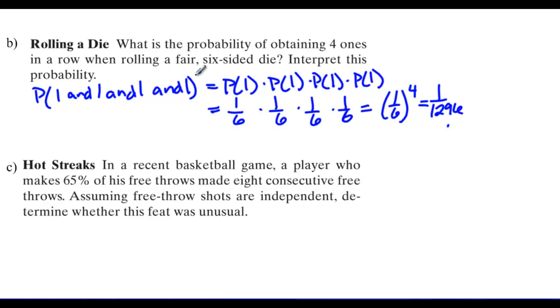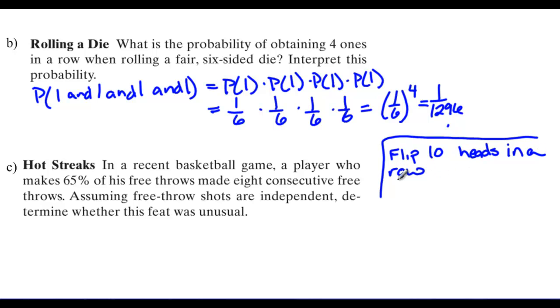So I want to point out here that whenever you're trying to do the same thing over and over again, if it's the same probability each time, so that it's independent events, then you're just going to take the probability and raise it to the number of times you want to repeat the event. So for instance, as a little side note over here, if I wanted to flip 10 heads in a row, so that's going to be the probability of flipping a head and a head and a head and so on and so forth for 10 flips.